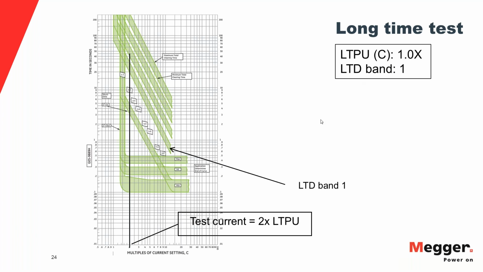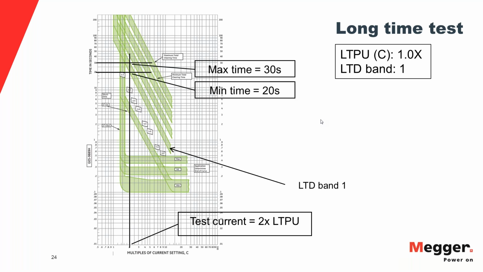So to find out what the time limits are for LTD band 1 at the test current, we will draw a vertical line which intersects the horizontal axis at 2 times the pickup value, that is 2C. The 2 points on LTD band 1 at which the vertical line intersects are the trip time limits for that particular test.